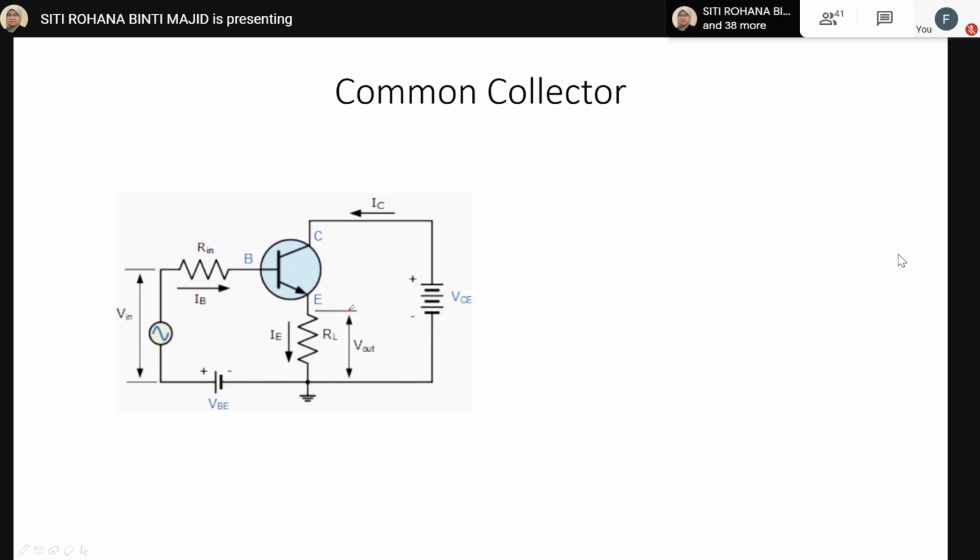If this circuit is considered as a common collector amplifier, it will have high input impedance and low output impedance based on the modulation between current IB and IE. And we can also calculate the gain for this circuit. So let us see the formula.